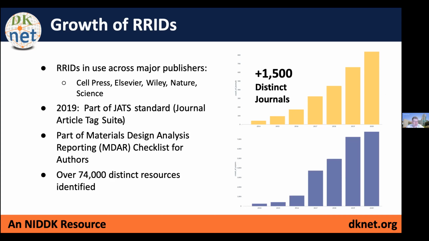A couple of years ago, it became part of the standard format that publishers use to transfer information to the National Library of Medicine and PubMed, the JATS standard. The latest checklist for authors and the materials design analysis reporting checklist are included in there as well. They identify more than 70,000 distinct resources that are being used.